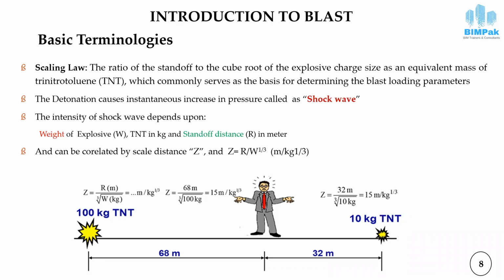For example, if in this case a 10 kg explosive material has been blasted at a distance of 32 meters, it has the same effect on this target as 100 kg of TNT explosive occurring at a distance of 68 meters. So the standoff distance is a very important factor, and it is the most effective factor through which we can reduce the impact of blast loading.